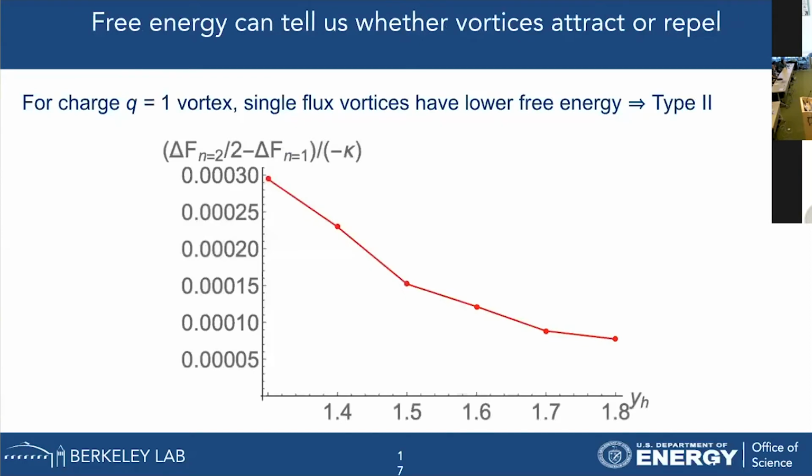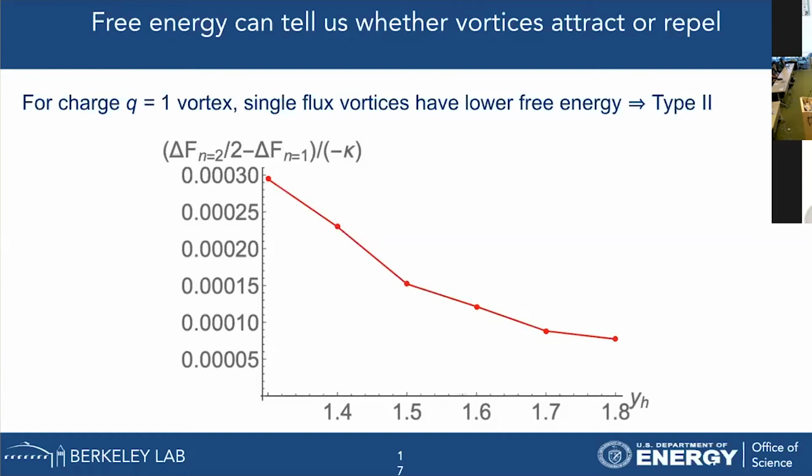Okay, so we can ask the question, for different charges of our vortex, which state does it prefer to be in? The way we did that, we took the free energy of a single vortex and compared that to half the energy of an n=2 winding vortex. That simply tells us which is lower free energy, 2 single vortices or 1 double vortex.